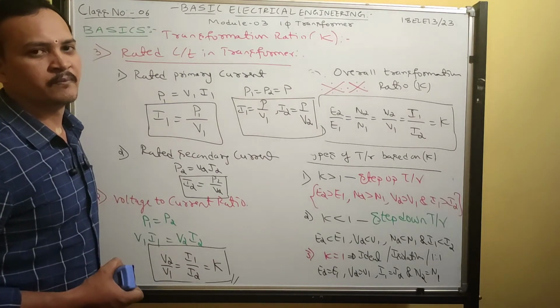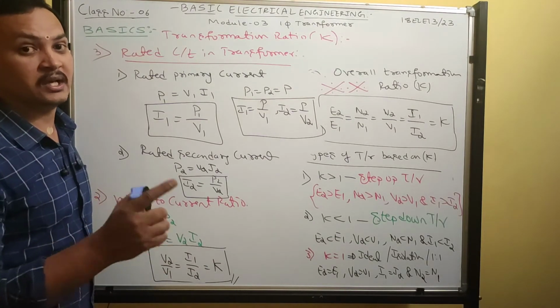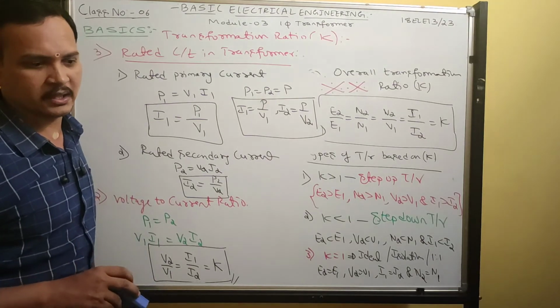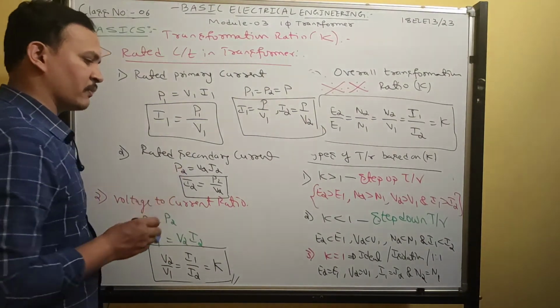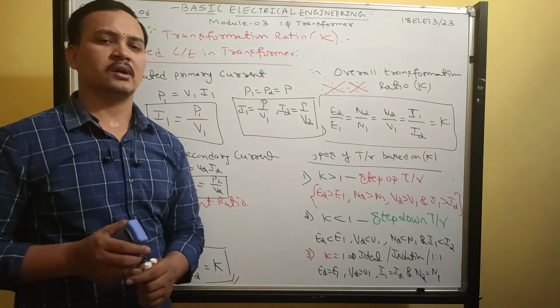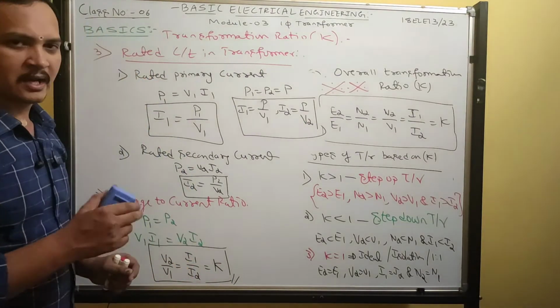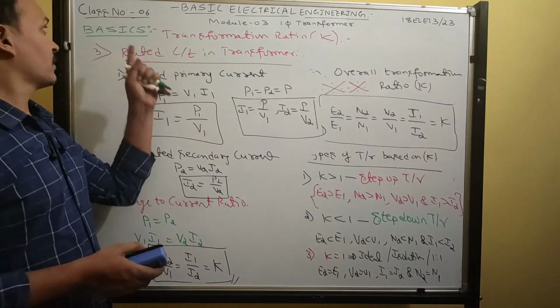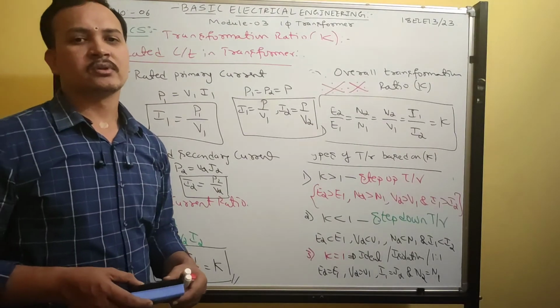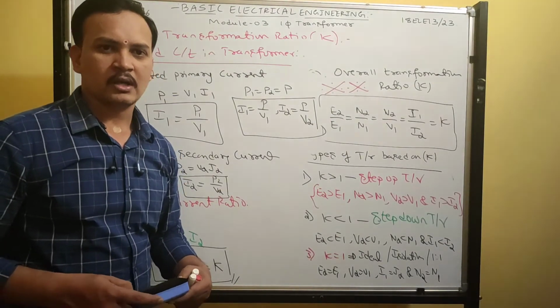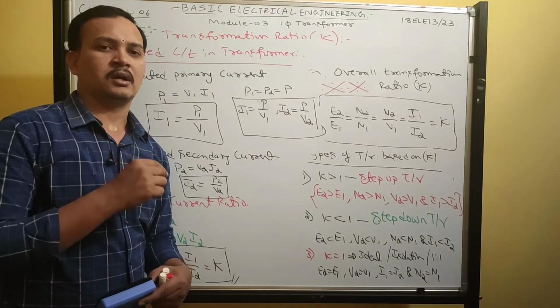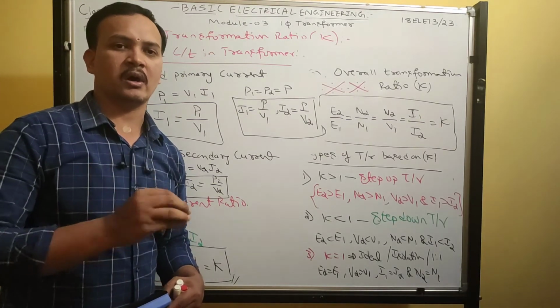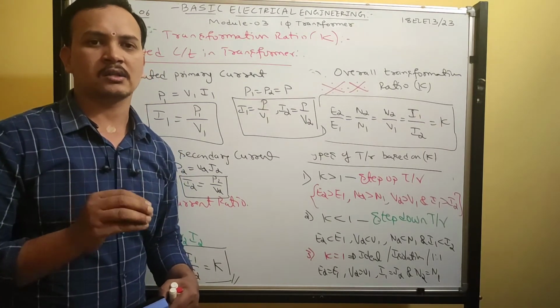The number of flux lines passing through each unit area is called flux density. Such basics are also required while solving problems on EMF equation. That I will cover in the next video, class number 7, problems on EMF equation of transformer, where I am going to cover all examination problems asked in one single video.